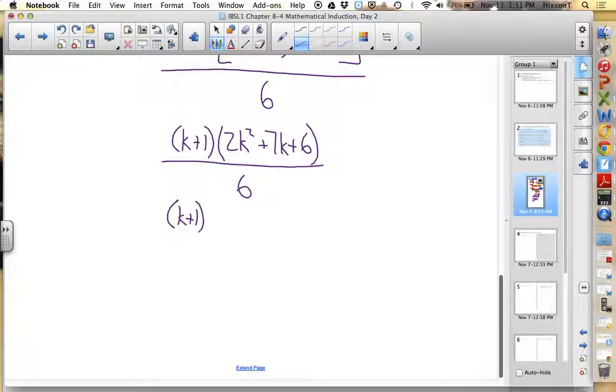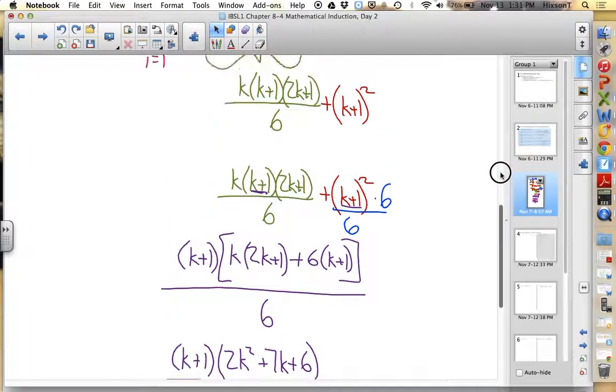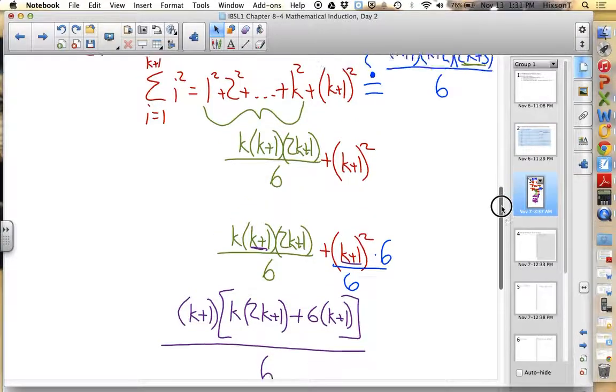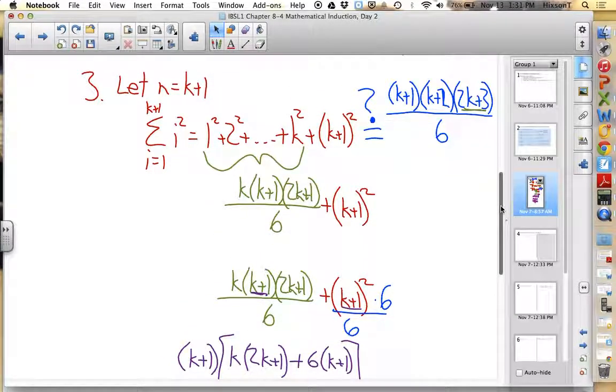That's k plus 1, and then that will factor into k plus 2 and 2k plus 3. The factoring should be easy at this point because you know where you're supposed to end up. I wouldn't just assume, though.